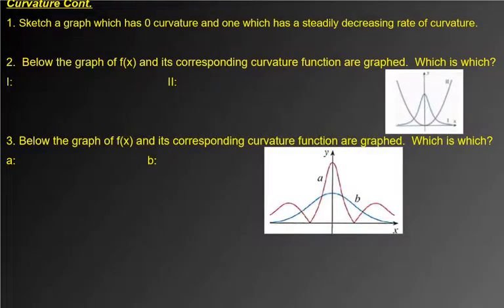All right, these are just good concept questions related to curvature. If I was asked to sketch a graph which has 0 curvature and one which has a steadily decreasing rate of curvature, for 0 curvature, I might just use a line. You could just take y equals x, something like that.